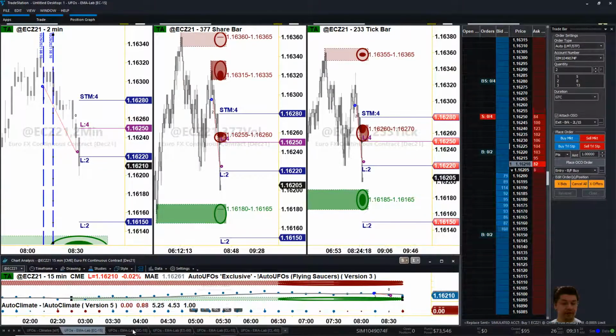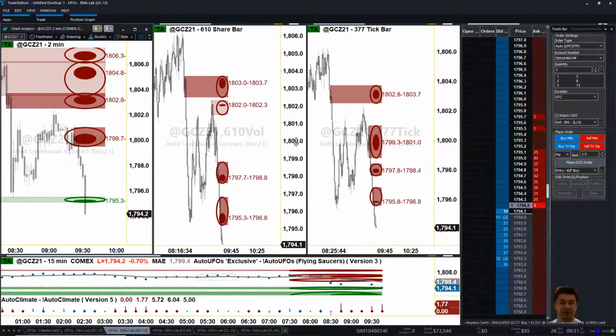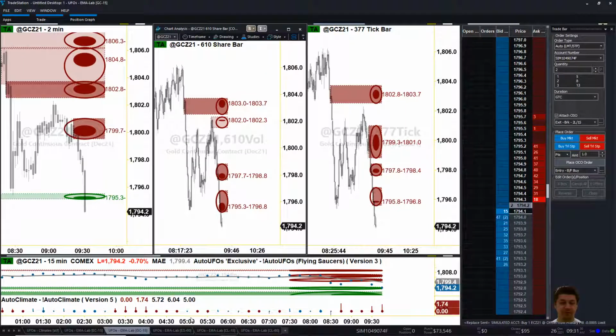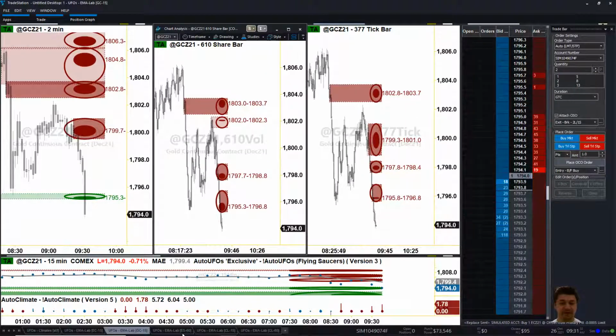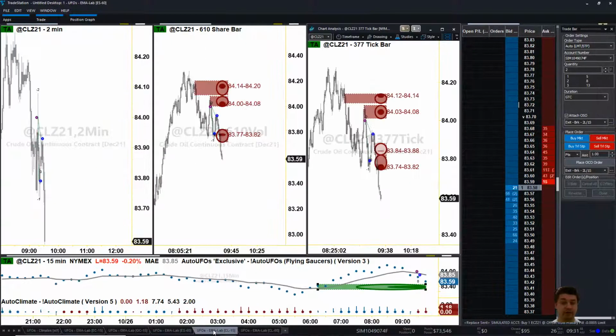Okay, gold went to our T2. Unfortunately, we weren't on it. That's okay. It's just shooting down, sinking down. ES on the 60 did touch that UFO. I don't know if it worked or not as far as the moving average was. Obviously already reacting nicely off of that UFO. If you guys were on it, let me know.